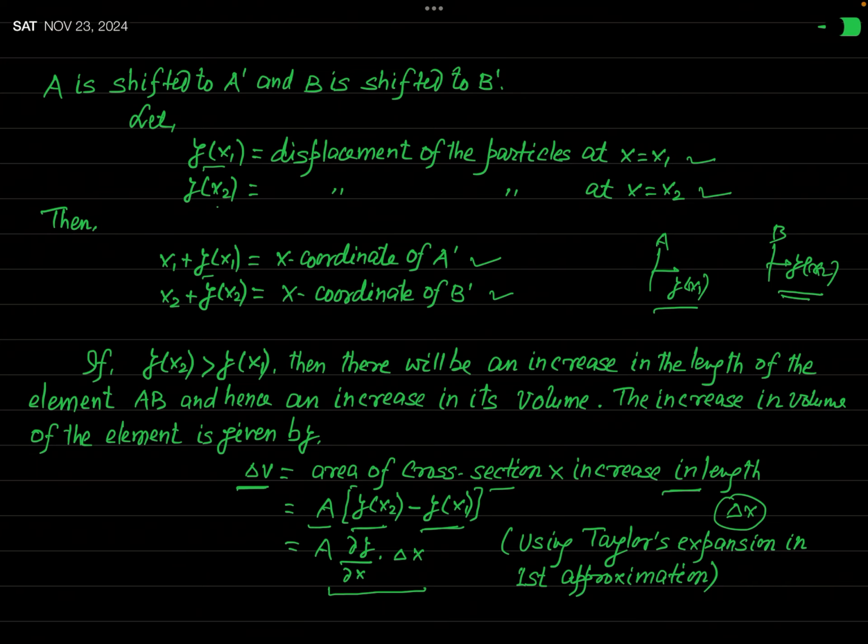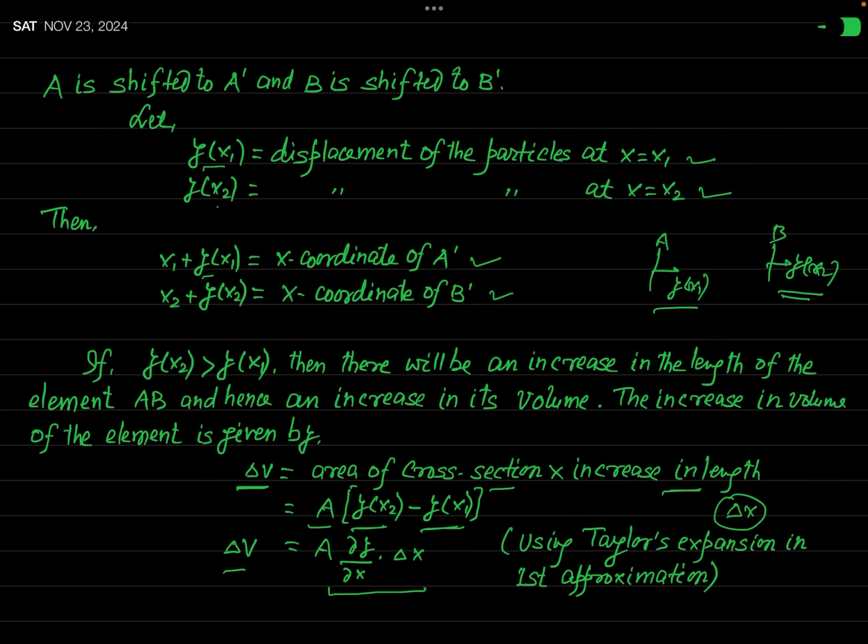So the change in volume or increase in volume of this element, which we have denoted by the symbol delta V, is A times del y by del x times delta x. In this way we have calculated the increase in volume.